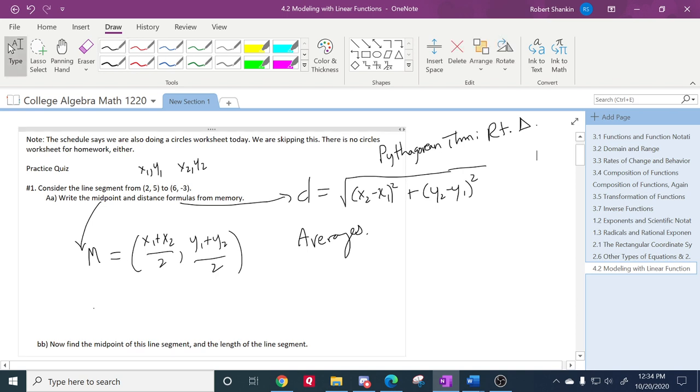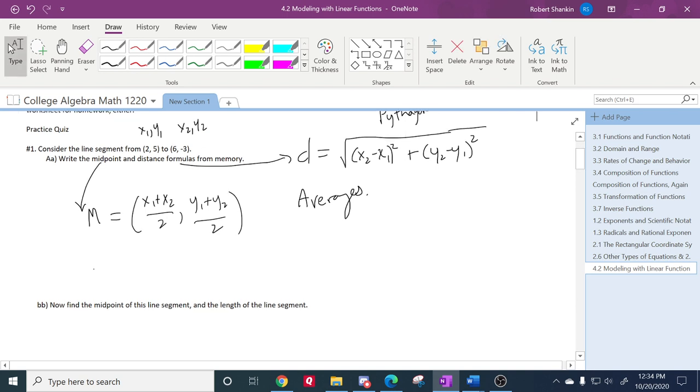Now that you know that you have them right, find the midpoint of the line segment and the length of the line segment.